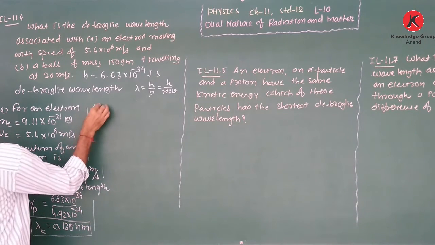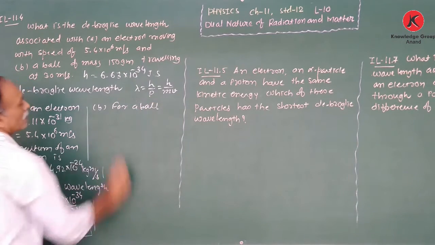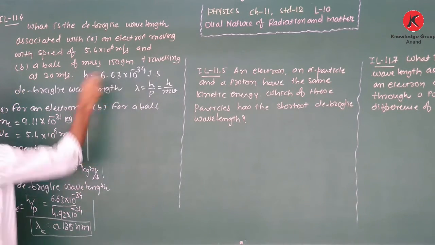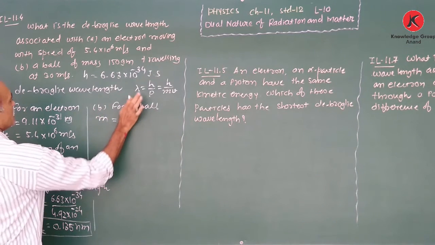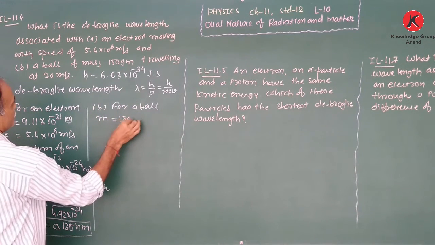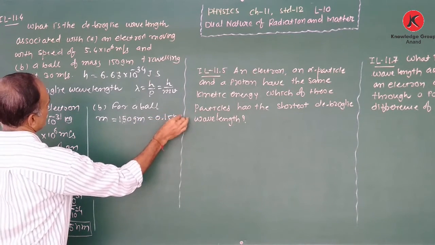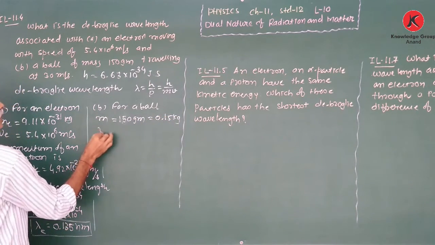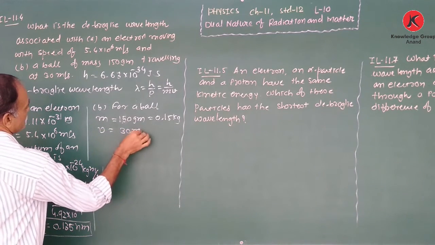B part, for a ball. What is given? Mass of the ball is 150 gram, that means 0.15 kg, and the speed of the ball is 30 meter per second.